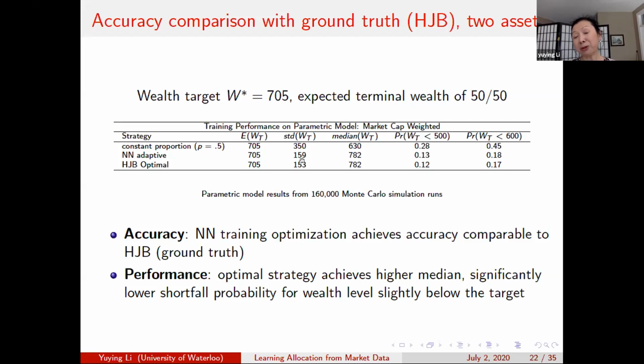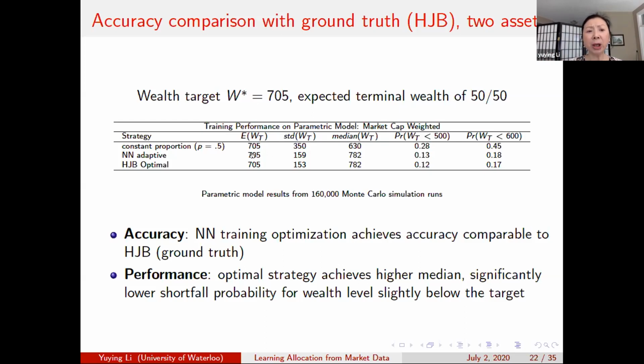The difference comes from the strategy being computed using 10,000 simulations of the same stochastic model. So that's the first thing, the accuracy assessment: compared to the numerical exact solution, the learned strategy performs very similarly.